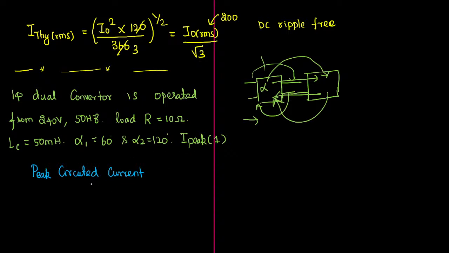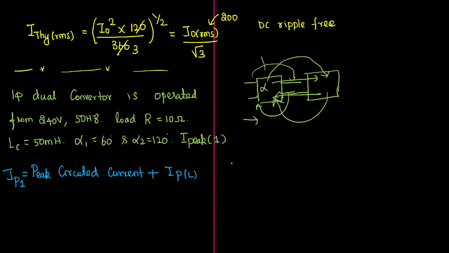So first you have to calculate the peak circulating current. Then second, you have to observe the maximum peak current that is flowing through the load. Peak load current, two things we have to estimate. That is the overall peak current carried by the converter 1. Similarly, if they ask about converter 2, it is the peak circulating current plus the maximum current carried by the load, calculated on the opposite side.